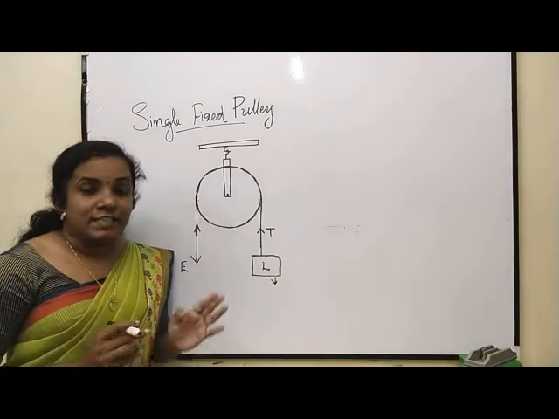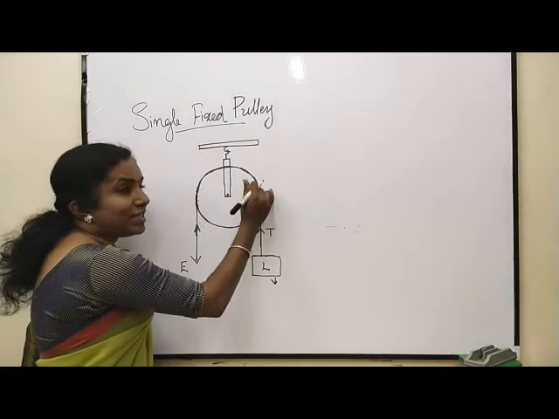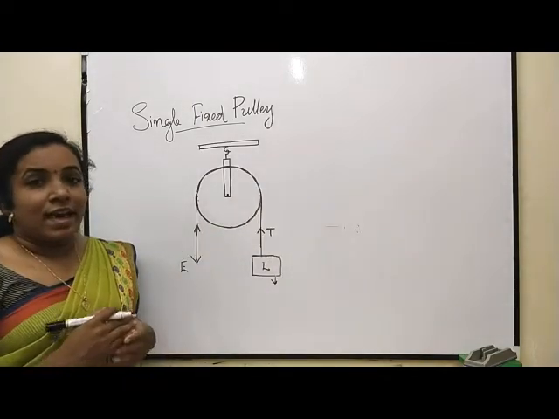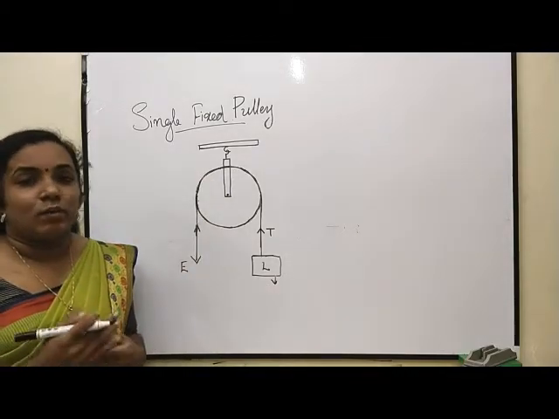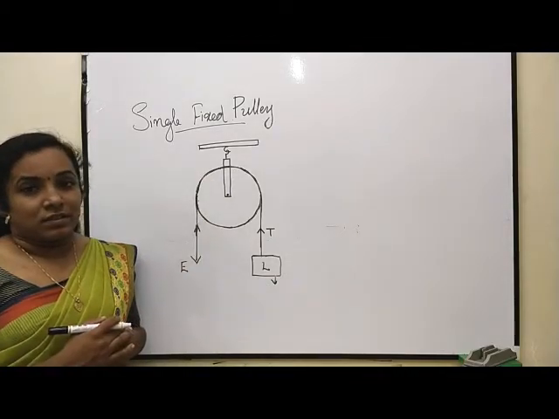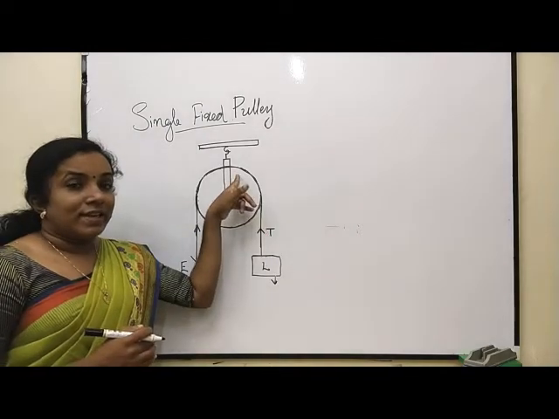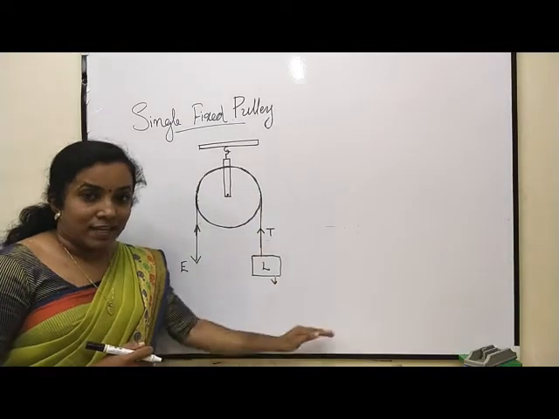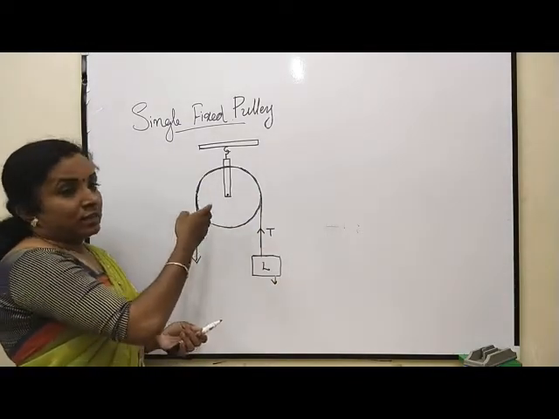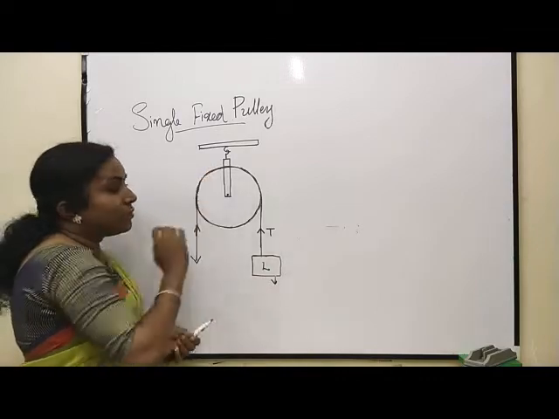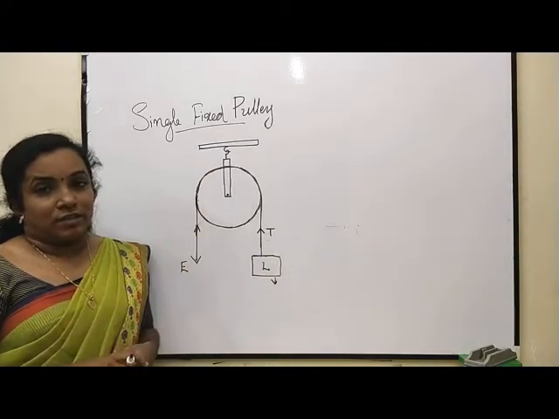So here in this case, the load produces a clockwise moment and the effort produces an anti-clockwise moment. The load tends this wheel to rotate in clockwise direction and effort tends this wheel to rotate in anti-clockwise direction.